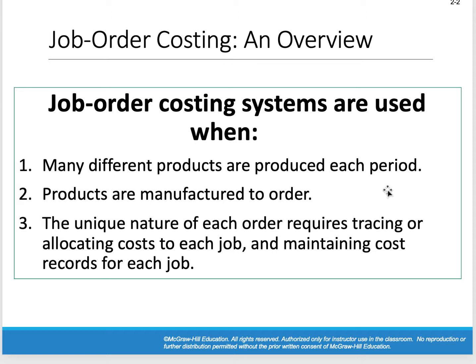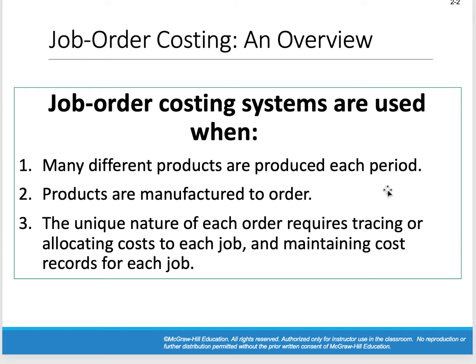Remember, to use a job order costing system, we have to make a number of different products each period. Usually those products are manufactured to order, meaning somebody comes to us and says, I want to order this and here's what I want this to look like.